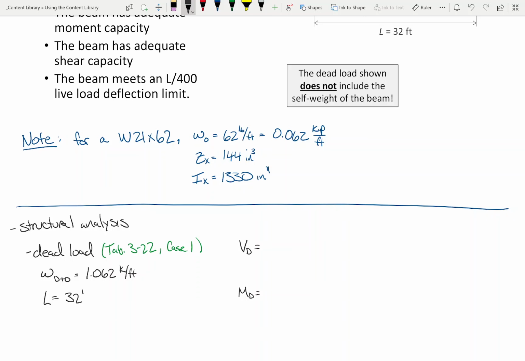Is that what's in table 3-22? WL over 2, right? A half of the total load. So I'm sort of training you to get a little bit familiar with 3-22 because you can use it for other load cases, but we'll get to that here in a bit.